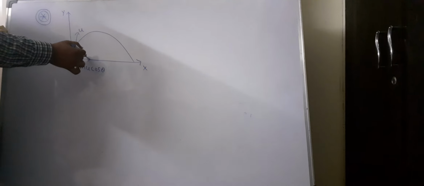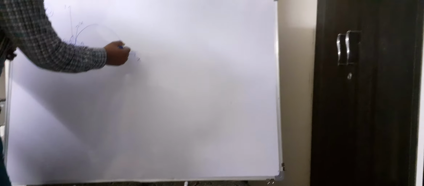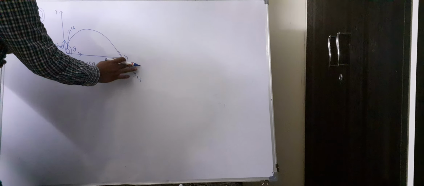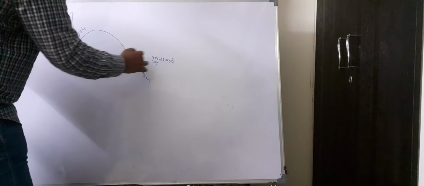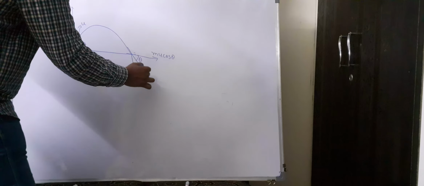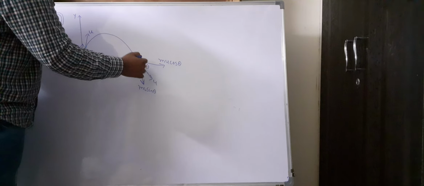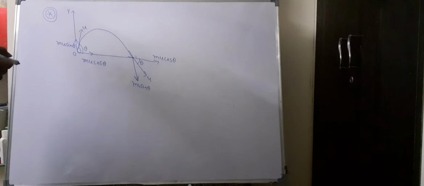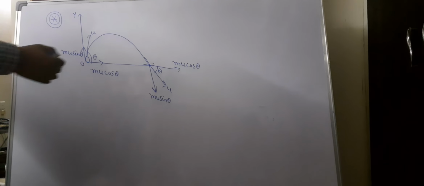Here, same plane of projection, same speed, so again u, with angle theta. The resultant always lies between the components, and the component follows the direction of the resultant. Keep in mind these two points.